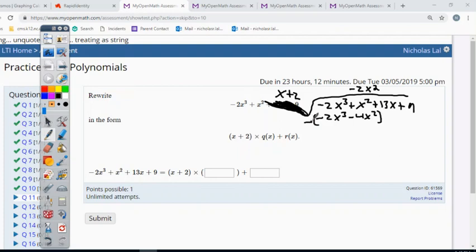Subtract: negative 2x cubed minus negative 2x cubed is negative 2x cubed plus 2x cubed, which is 0. x squared minus negative 4x squared is x squared plus 4x squared, so that's 5x squared plus 13x plus 9. Now I have 5x squared plus 13x plus 9.